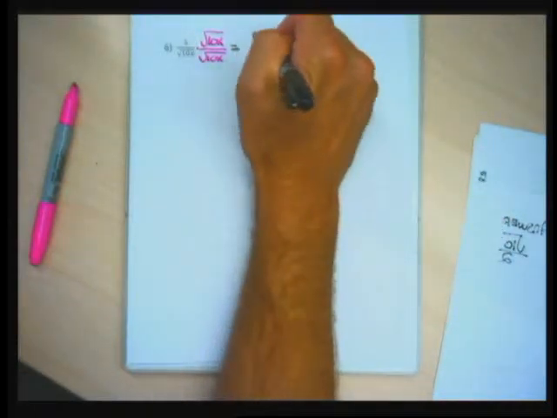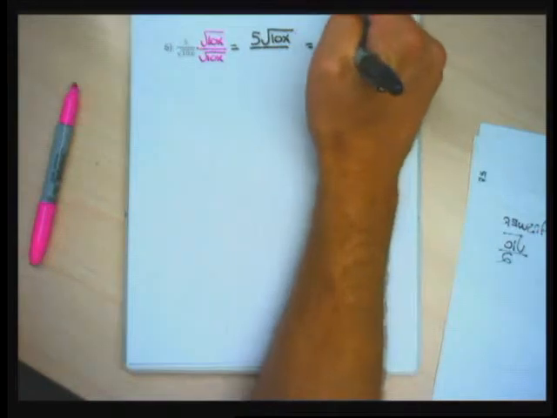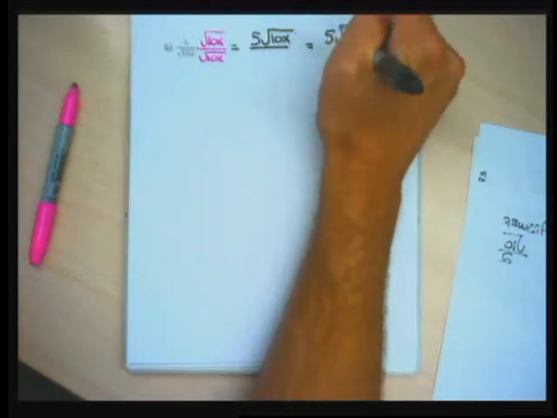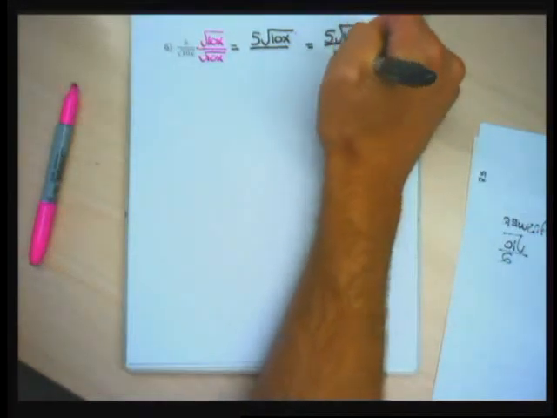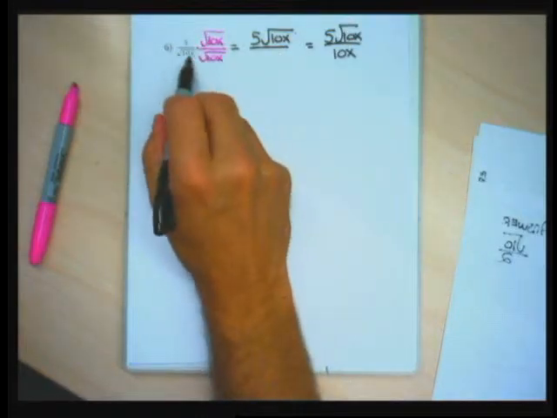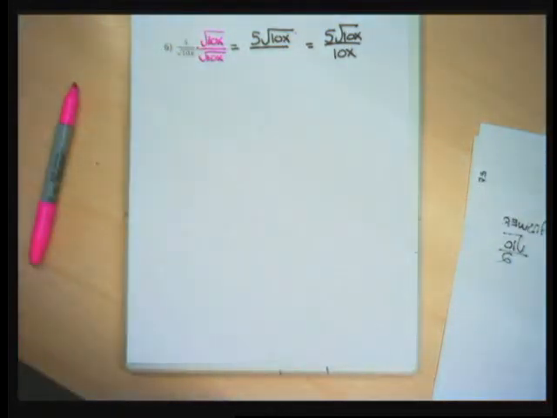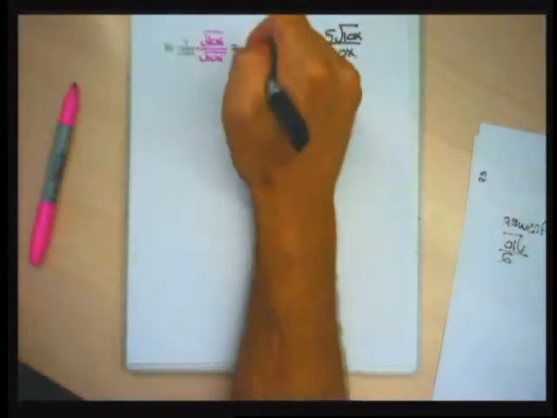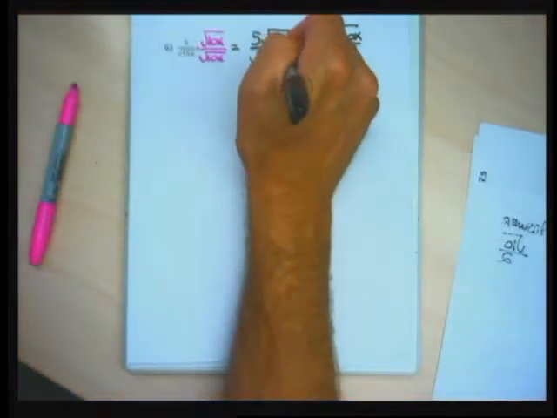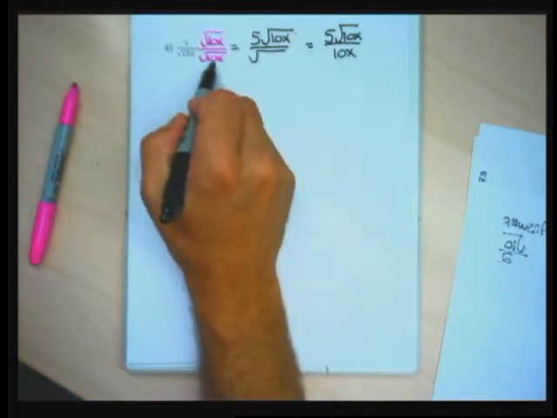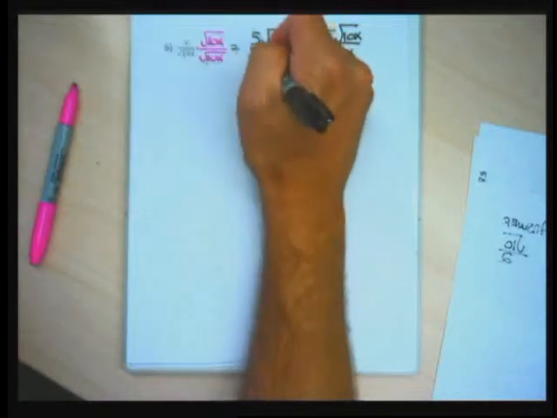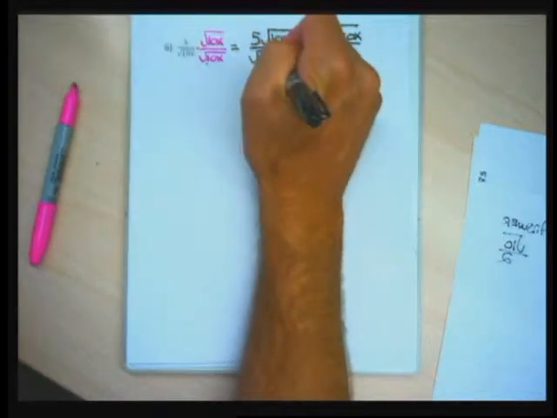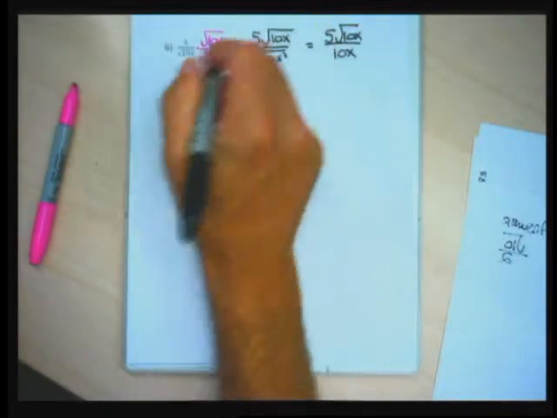If I wanted to in the denominator, what I should do is just write that. Because I'm multiplying two identical square roots, it's more efficient to not show actually multiplying what's under the square roots. But if I multiplied the 10x times 10x, I'd multiply the 10 times 10 and get 100. I'd multiply the x times x and get x squared.